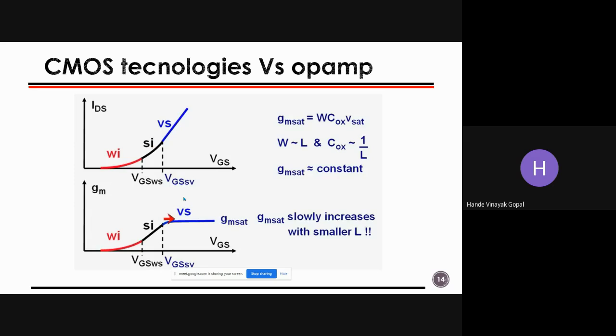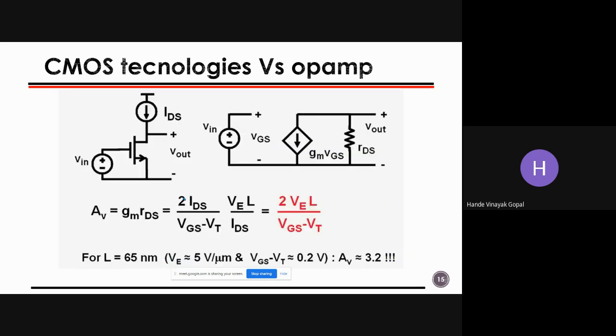So you have to increase your W by L in such a way that you are operating below VTH. But again it has its own problem because it depends exponentially on the current, and at higher frequency designers have their own problems.